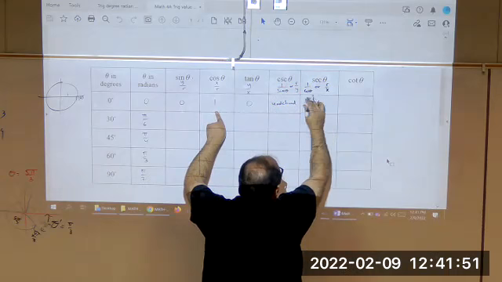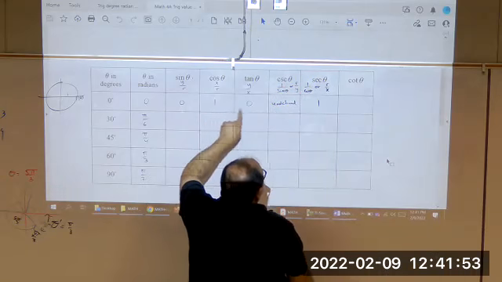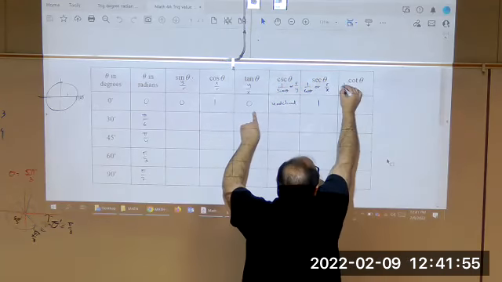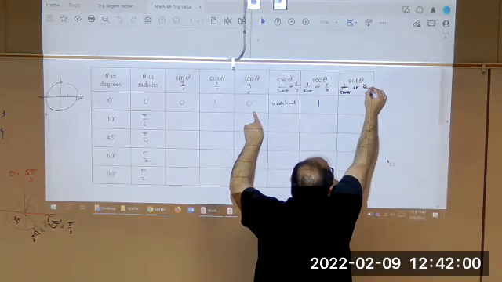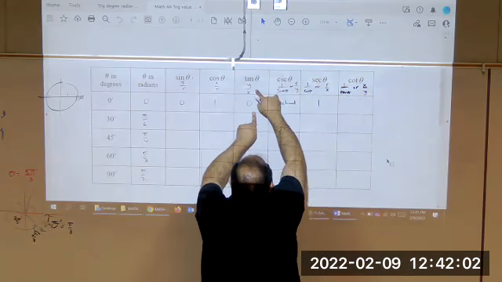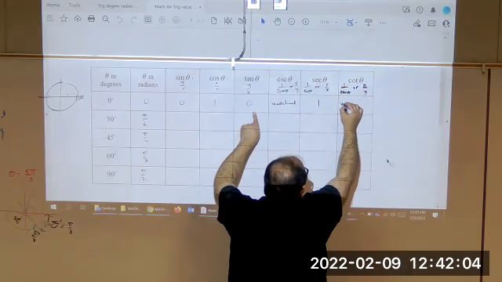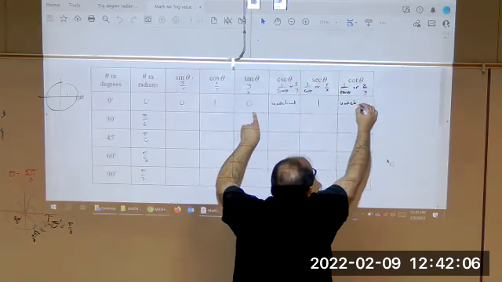Reciprocal of 1 is 1. And then for cotangent, that's 1 over tangent theta, or the x over the y. Well, now you've got the reciprocal of 0, undefined.